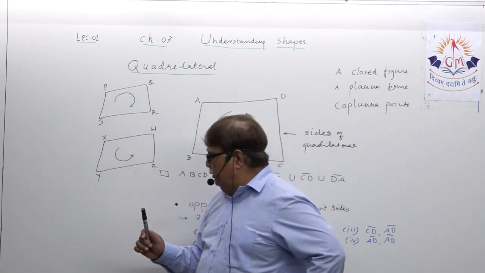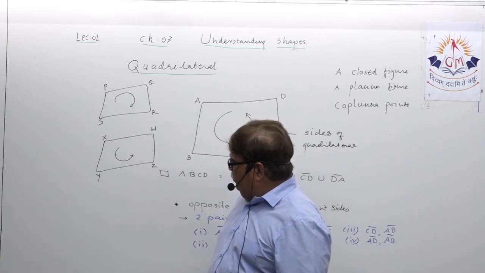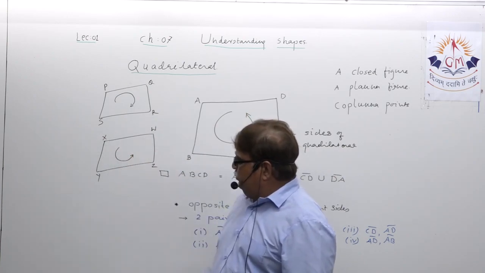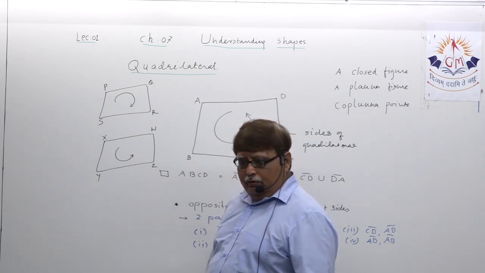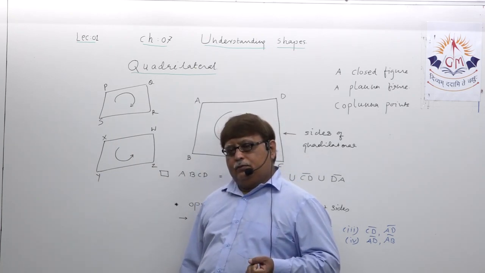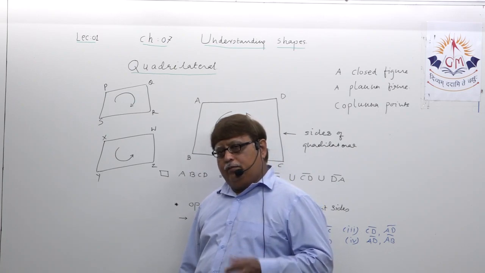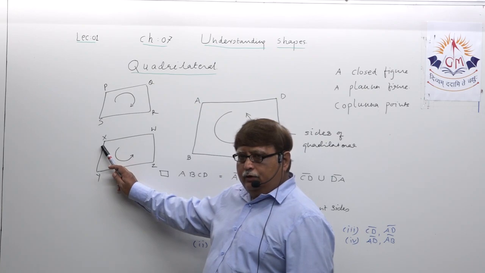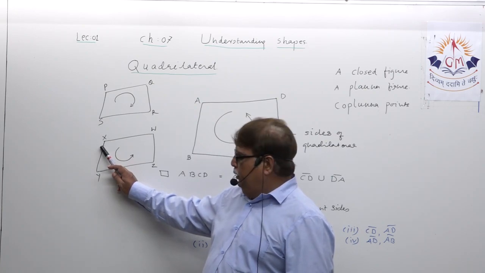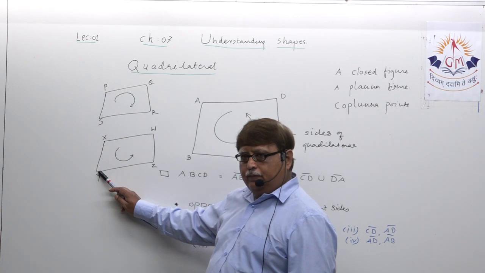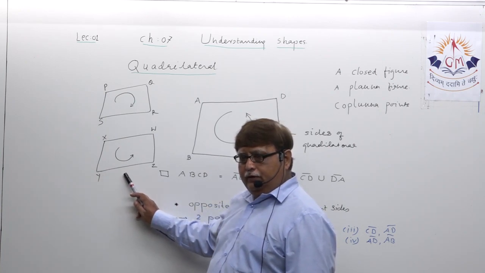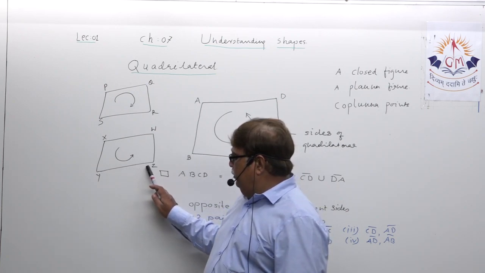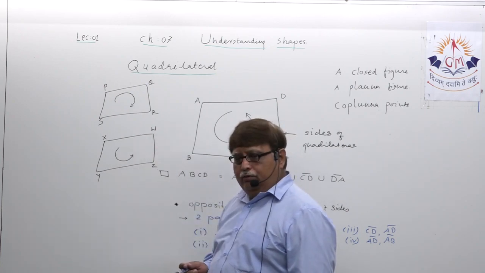Suppose, dear student, in this quadrilateral XYZW, speak the names of the four pairs of adjacent sides. Start speaking from here. First pair, XY and YZ. Second pair, YZ and ZW.